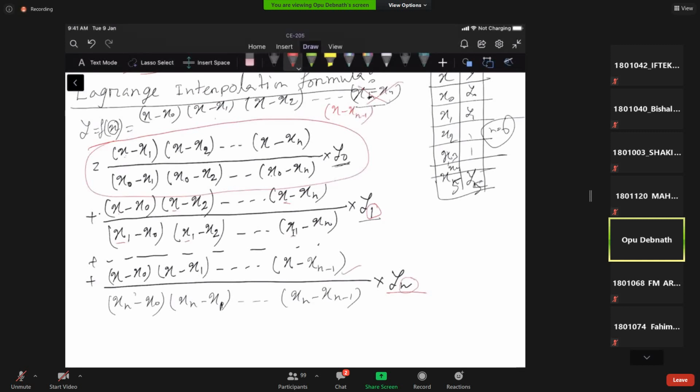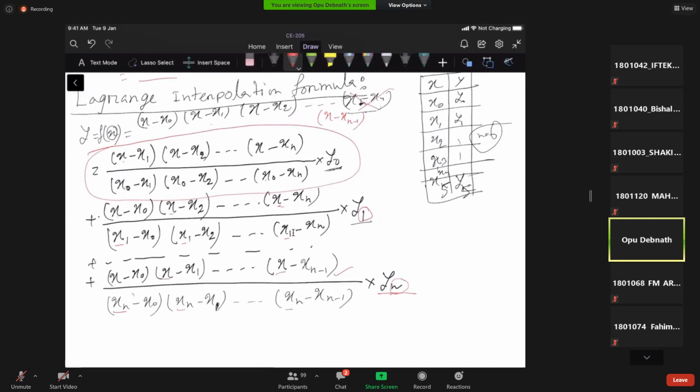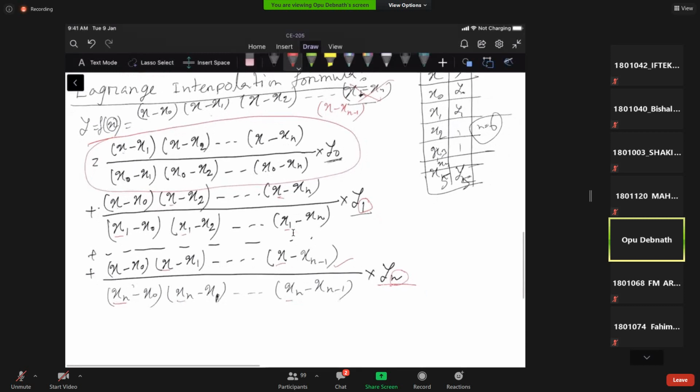Again for the denominator, simple technique, replace all the x with the value corresponding to yn, which is xn, so this is xn up to xn minus n minus 1. Okay, so if you apply the technique, it's very easy for you to remember the equation.